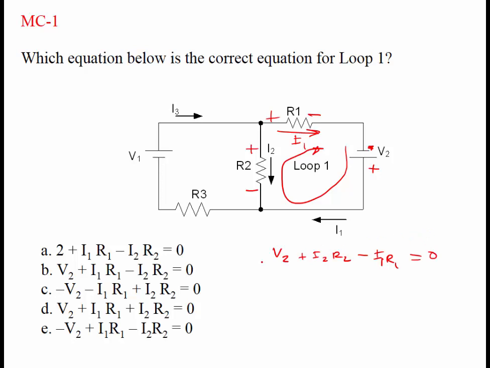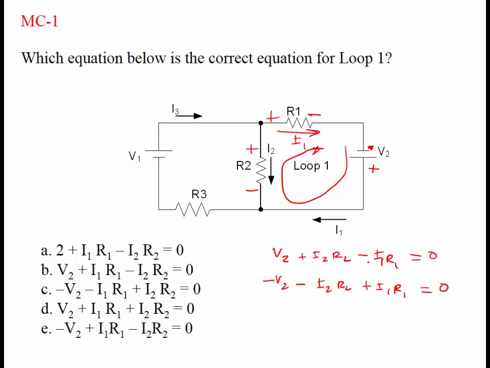We can rewrite this. If we go the other way, everything becomes the opposite. So this becomes minus V2 minus I2 times R2, plus I1 times R1 is equal to 0.